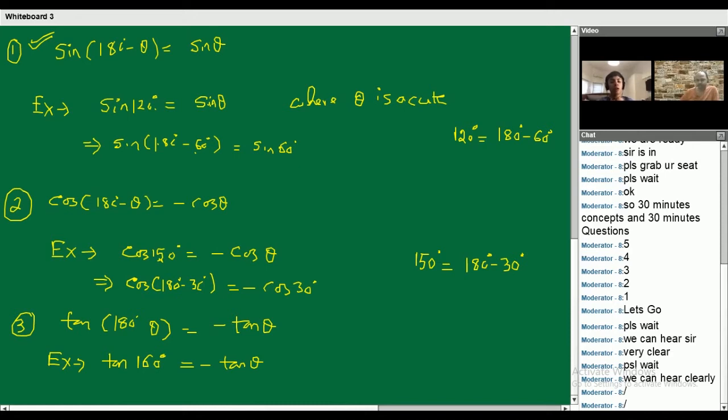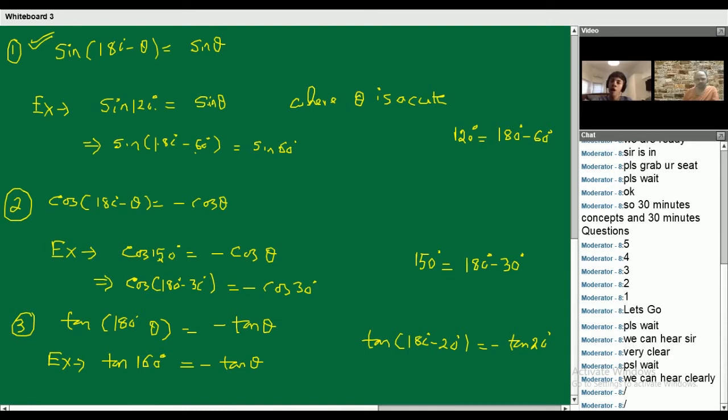It's 20 degree, because tan of 180 degree minus 20 degree is going to be tan of 160 degree, and this is going to be minus tan 20 degree. So in place of theta you can see 20 degree.